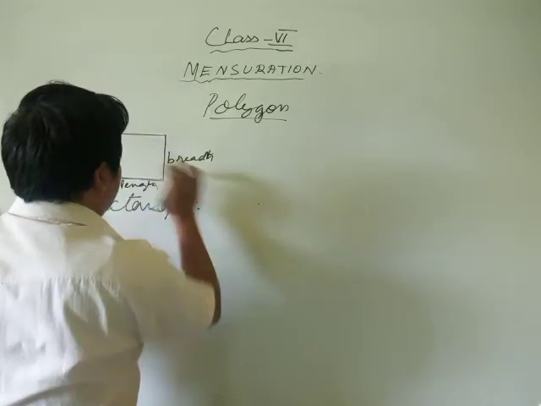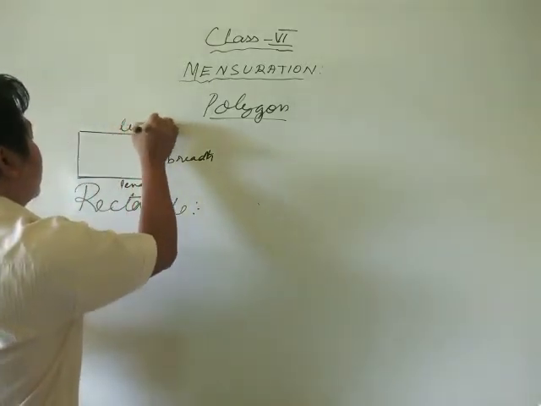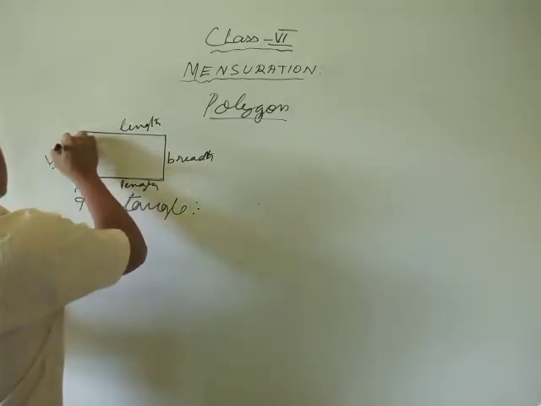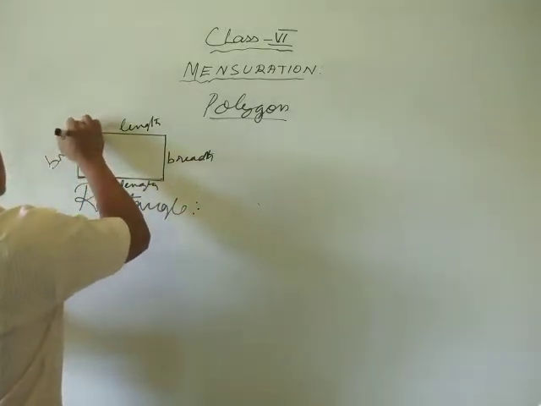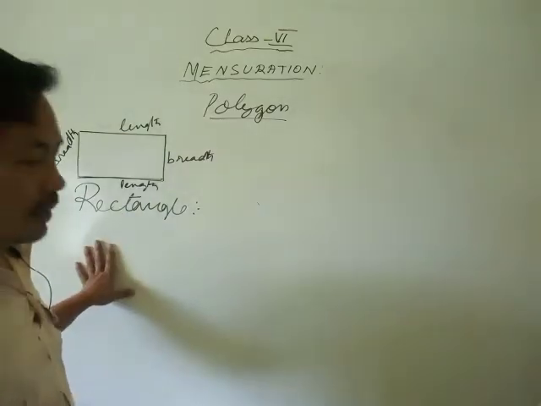All will be added. Here you see, here also length, here also breadth. We have to add all four sides of this rectangle.